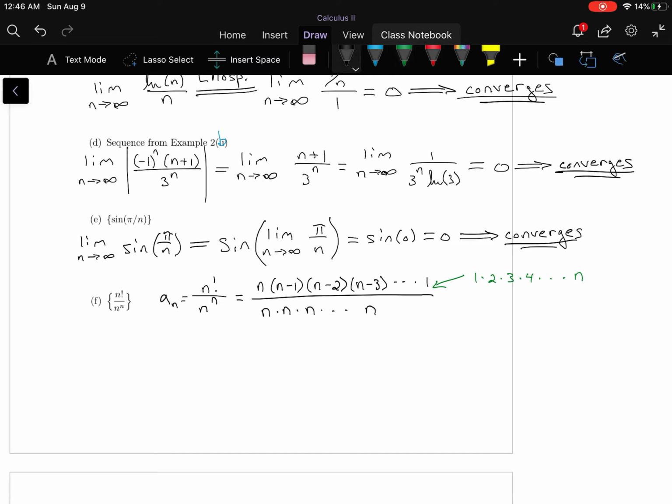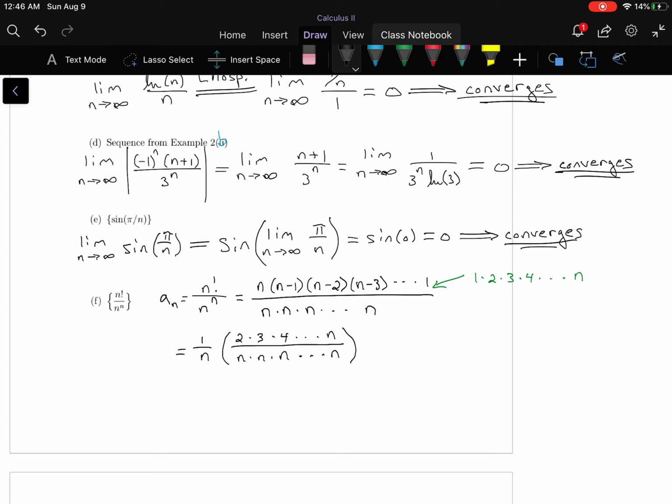So I'm going to continue with that approach, and I'm going to portion this out as 1 over n times 2 times 3 times 4. So the product 2 through n, and on bottom you have n times n times n. You have n minus 1 n's.